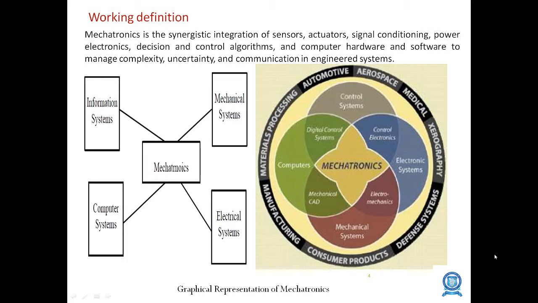The representation shows the synergistic integration of sensors, actuators, signal conditioning, power electronics, decision and control algorithms and computer hardware and software to manage complexity, uncertainty and communication in engineered systems. It consists of control systems, control electronics, electromechanics, mechanical CAD, digital control systems. The combination is called mechatronics.